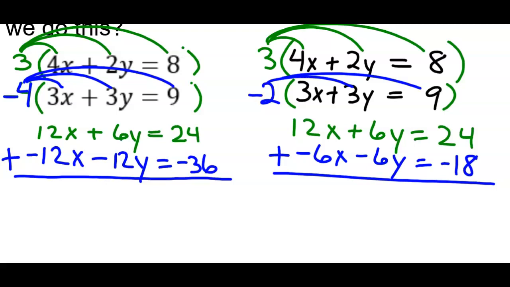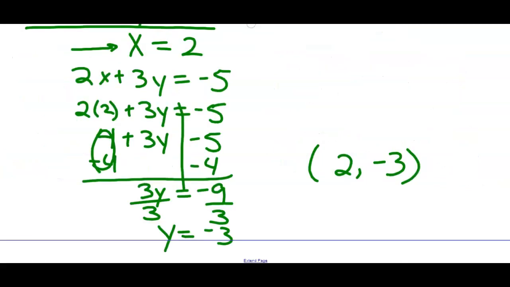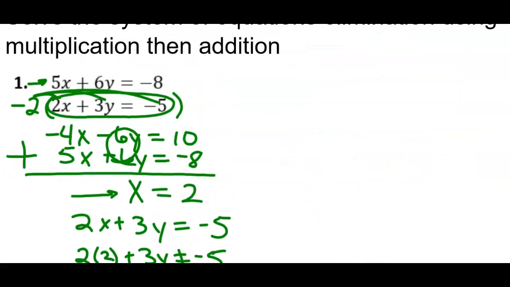In 6, 7, we have to multiply both of them. In 6, 6, we only have to multiply one of the equations to be able to cancel. So they're kind of just growing on each other, okay?